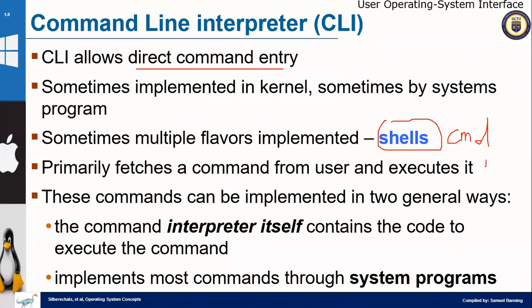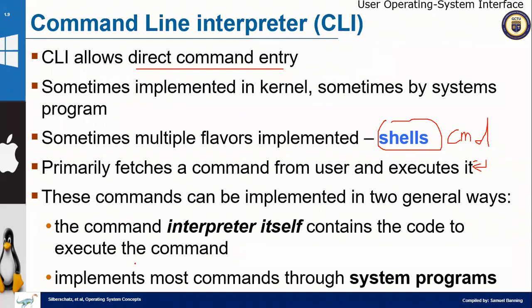So this is why we are saying that if you don't know what you are doing, you don't want to play with the command line interpreter, because it will execute your instruction without any excuse. These commands can be implemented in two general ways. One, the command interpreter itself has some code that it can use to execute some of the commands.